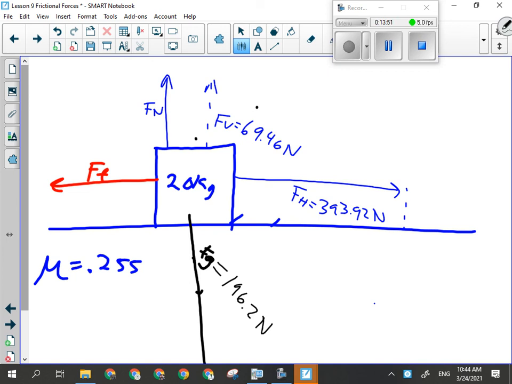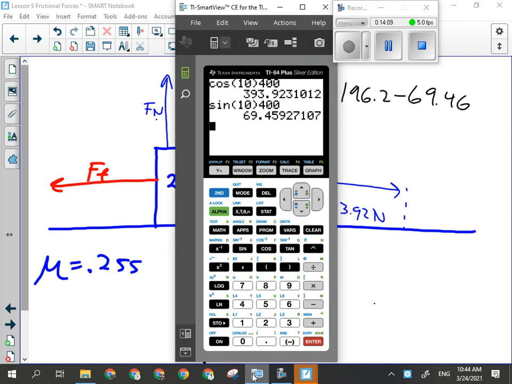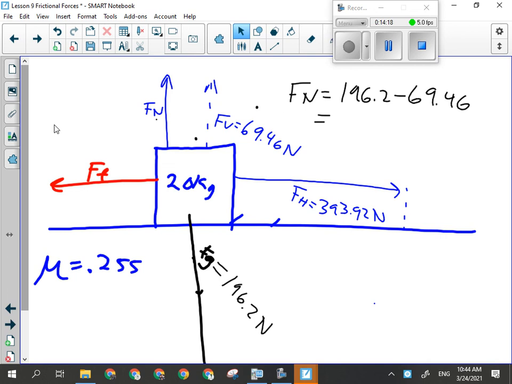So if I want to find my normal force, all I have to do is take the 196.2 and subtract the 69.46, because whatever's left is how big normal force is, or the remainder of the weight still sitting on the table. So my normal force is 126.7 newtons.